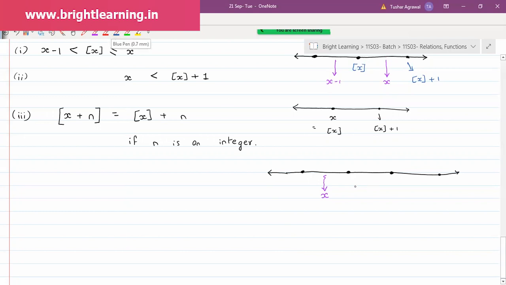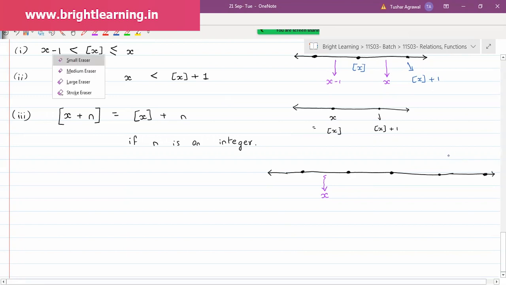Same approach: 3 concrete steps to the right will look something like this. Consider n is equal to 3. So 3 concrete steps to the right will be my x plus 3. Can you see that when I'm moving 3 steps to the right, the distance between this magnitude and this magnitude is one and the same?